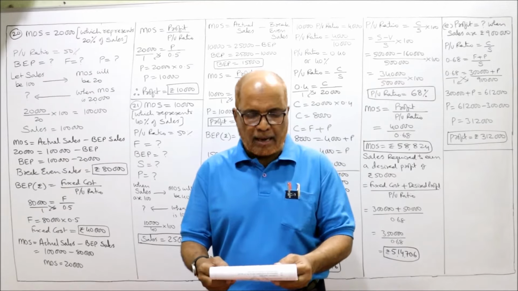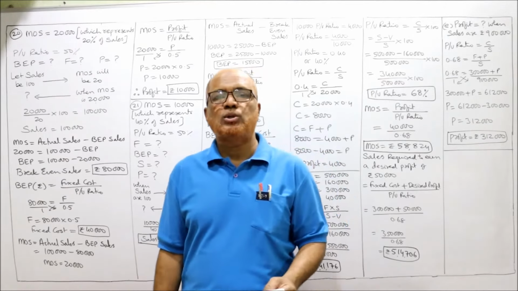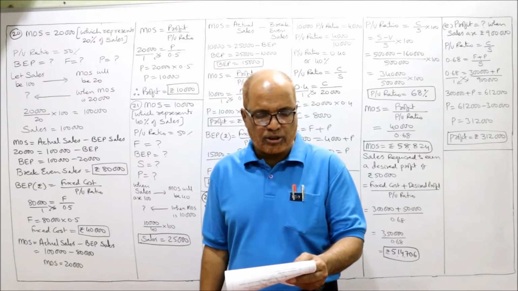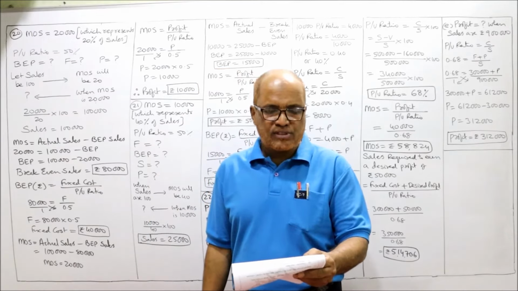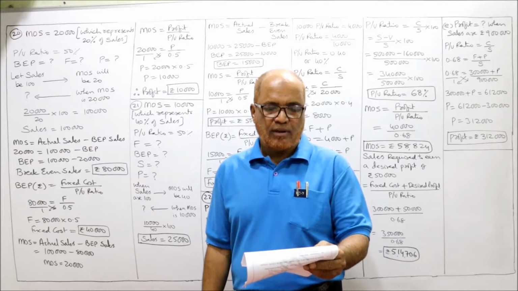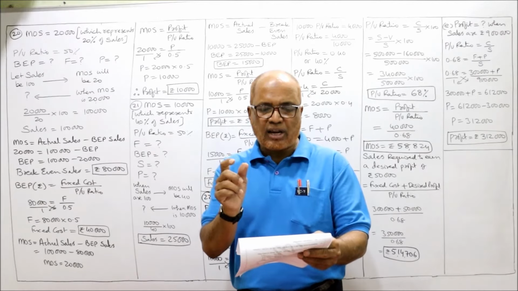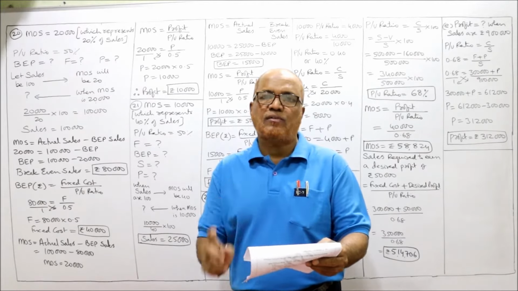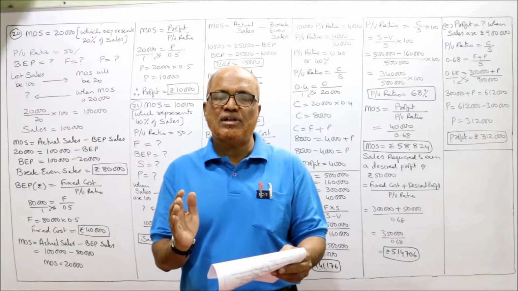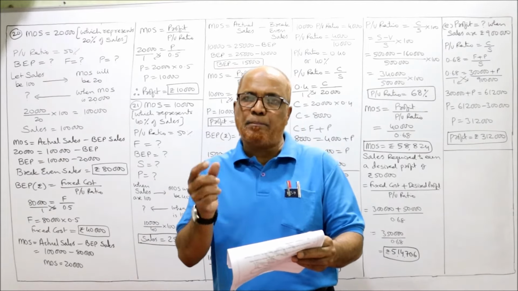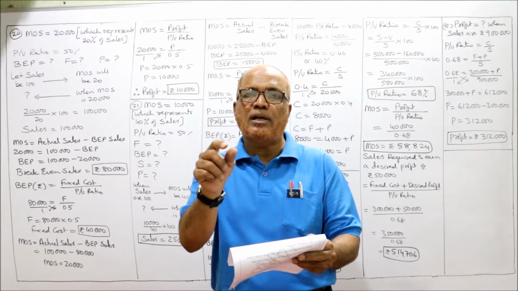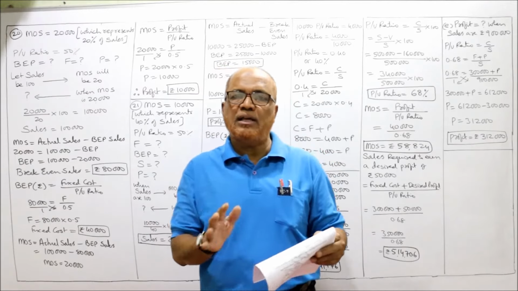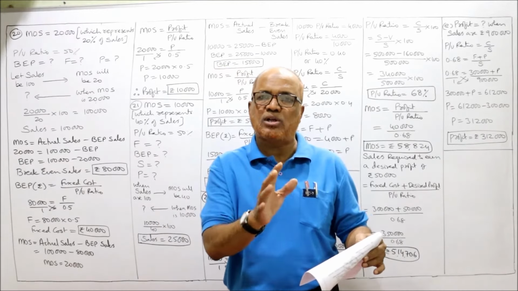The next problem, I am reading out problem number 20. See the 20th problem. Given margin of safety 20,000. In bracket it is given which represents 20% of sales. This margin of safety of 20,000 rupees is 20% of sales.